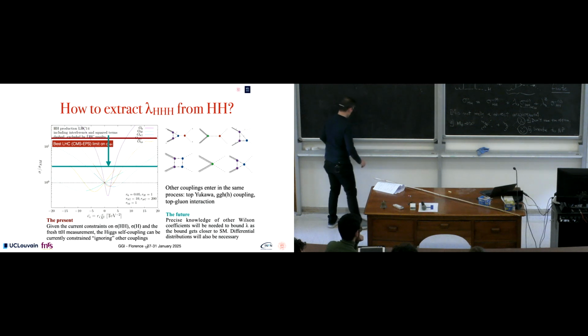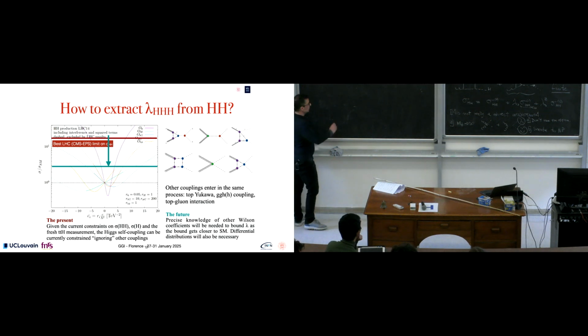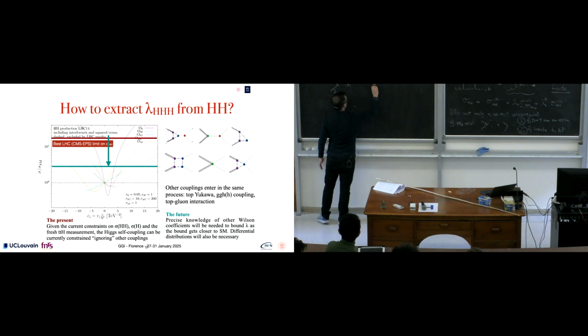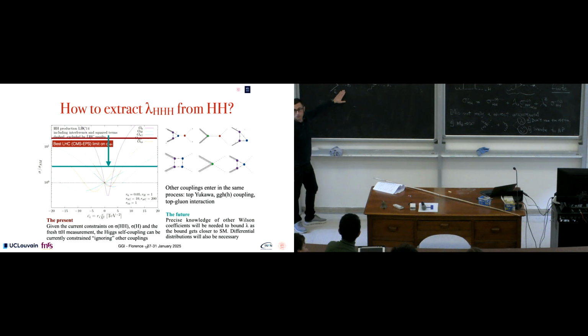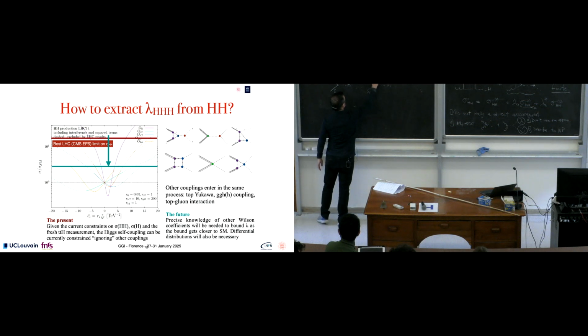Truly, because if there was a phase between these two couplings, if the phase between these two was not the standard model prediction, then you would violate unitarity. And this you can prove yourself, if you want, by computing this.